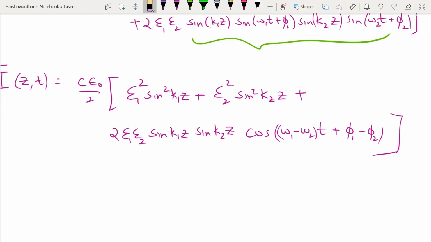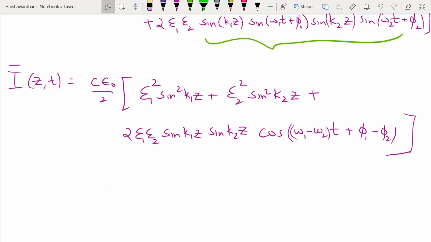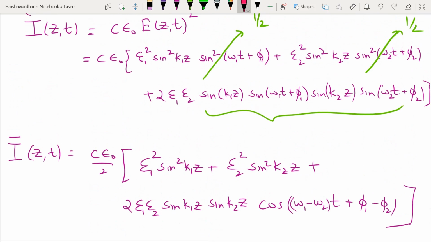Now, you clearly see that I have got a sinusoidal modulation of the intensity that is already present in my system. And we already know that omega 1 minus omega 2 is indeed delta, which is indeed pi c by L. That is how these two modes were to begin with.